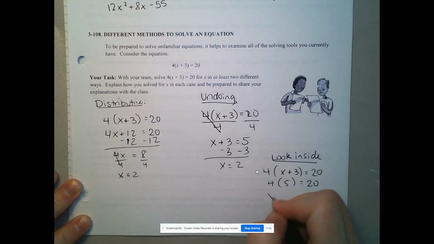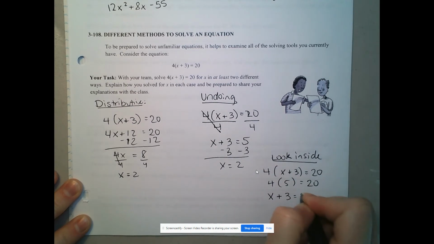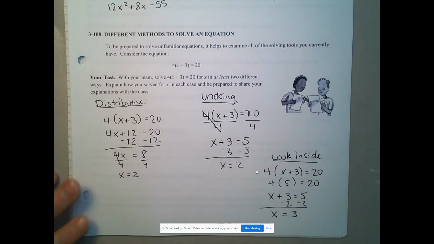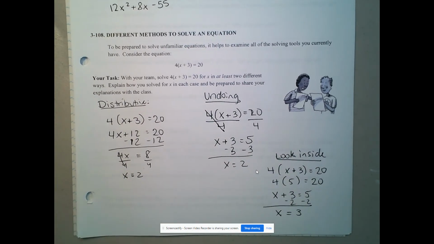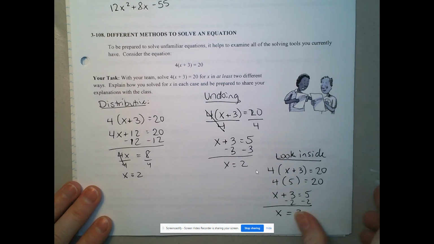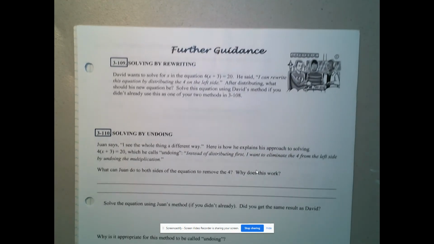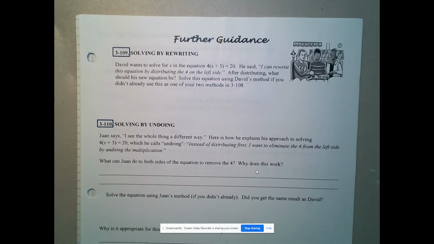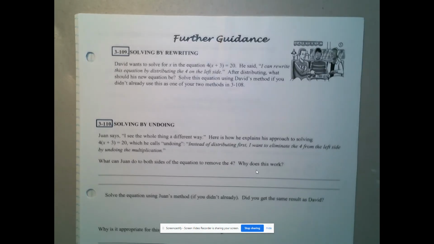If that's the case, then we know x plus 3 has to equal 5, and then we could subtract 3. This method is particularly useful when we're working with exponents. You don't see people use the look inside method a lot other than with exponents, but it would work here as well.